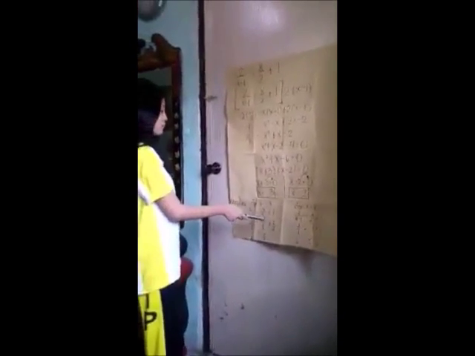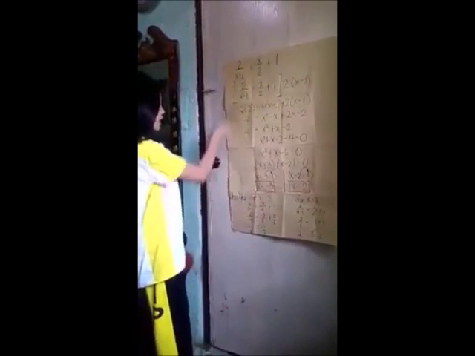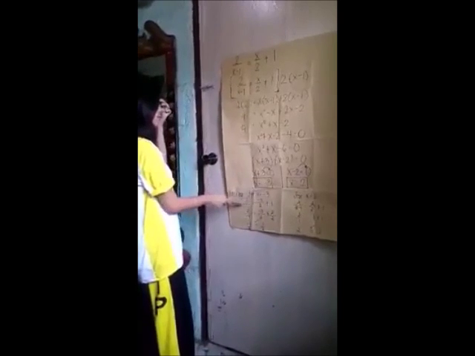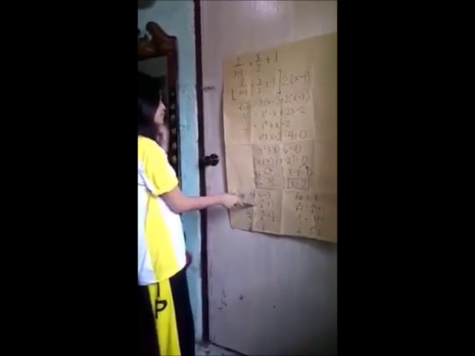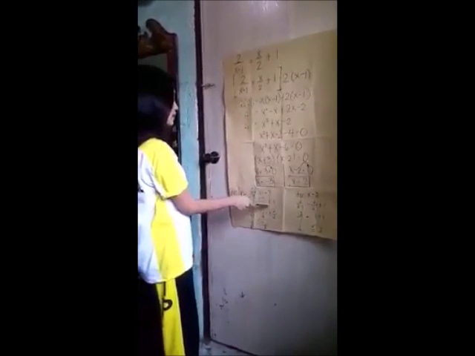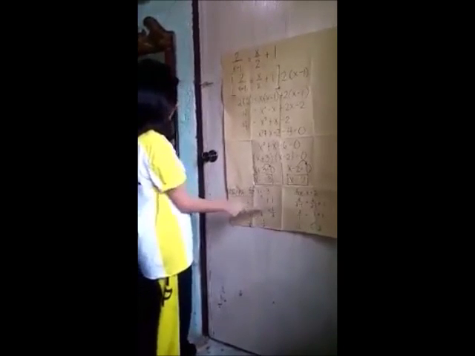For checking ng x equals negative 3, copy natin yung 2, tapos yung x, papalitan natin siya ng negative 3 minus 1 is equal to negative 3 over 2 plus 1.